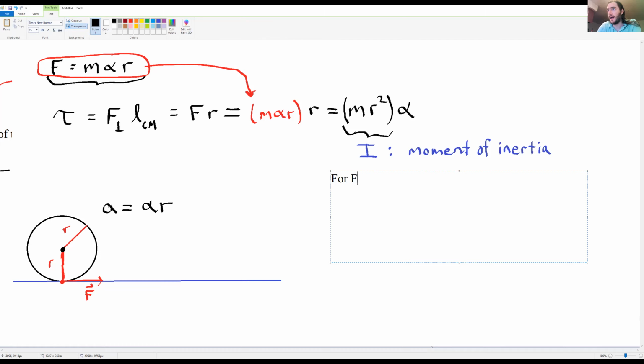So let's say for translational motion, F equals ma. Mass, well, let's try and put it as simply as we can. So more mass means more resistance to change in motion.